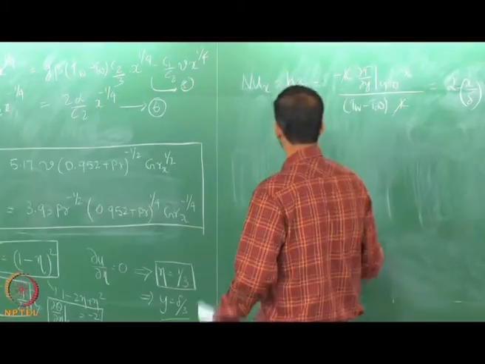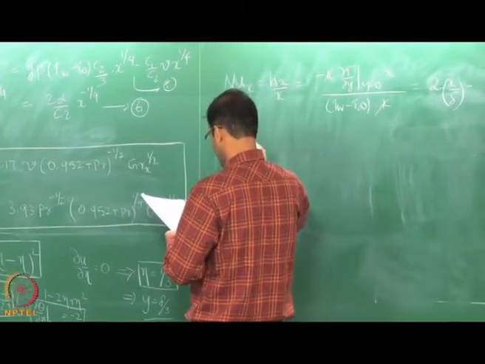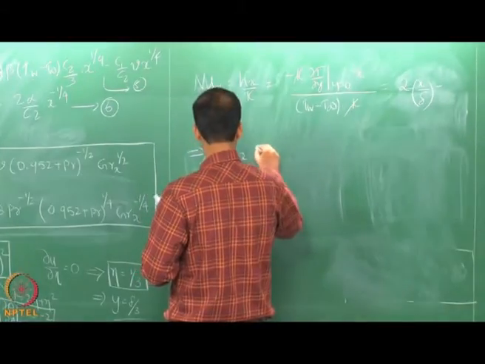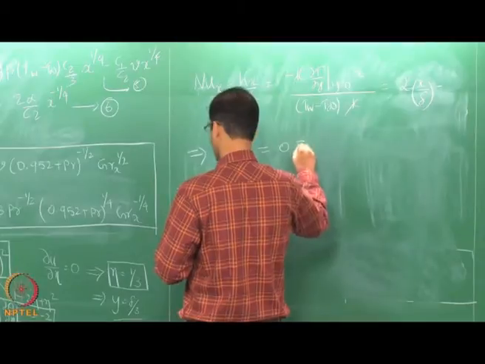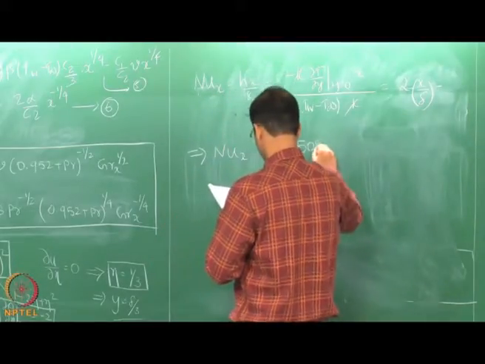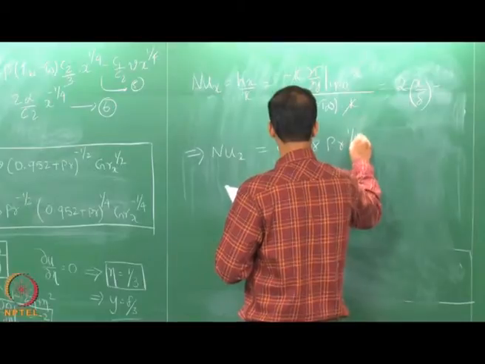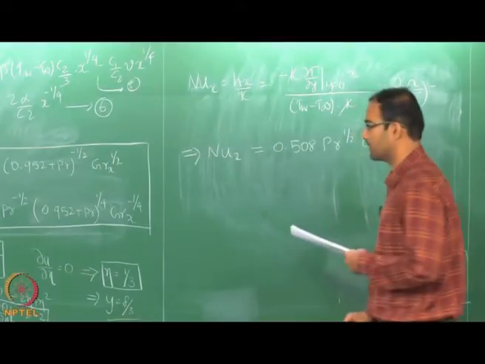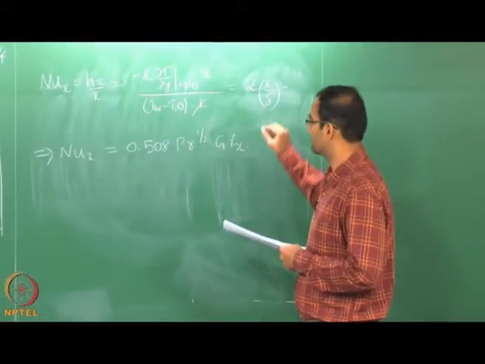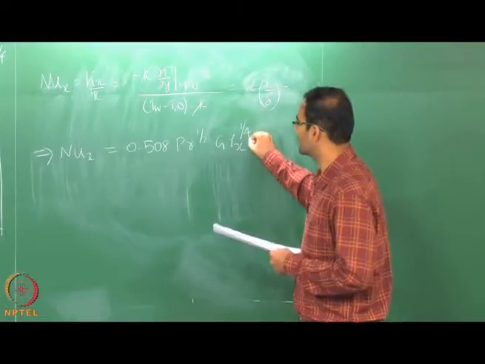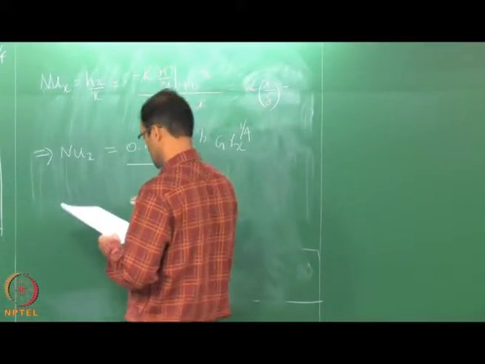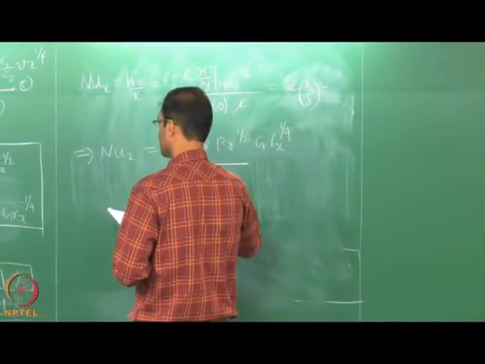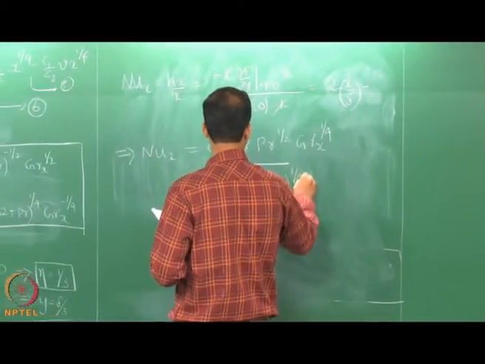Okay. So, therefore, we can write the final expression as 0.508 Prandtl number to the power half, what will be Grashof number to the power? 1 by 4, divided by (0.952 plus Prandtl number) raised to the power 1 by 4.